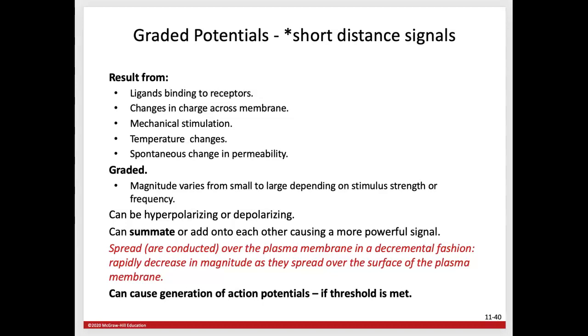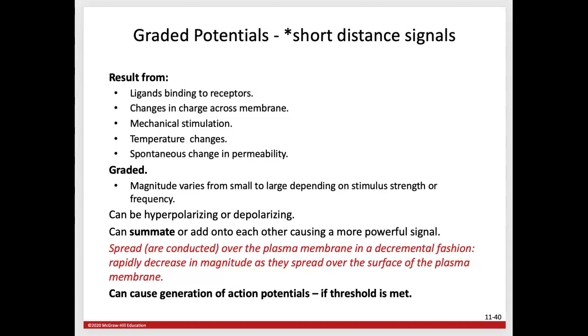Like I said, graded potentials can summate or add onto each other, causing a more powerful signal. They are conducted over the plasma membrane in a decremental fashion. They rapidly decrease in magnitude as they spread over the surface of the plasma membrane. So they kind of fizzle out.